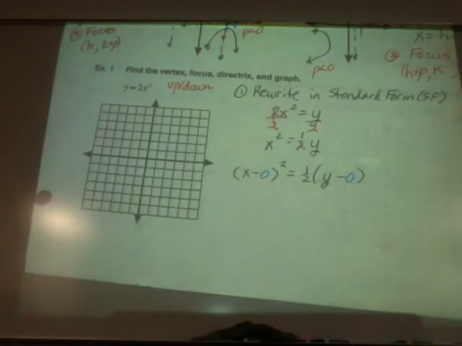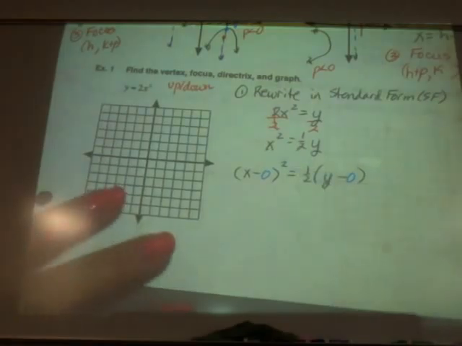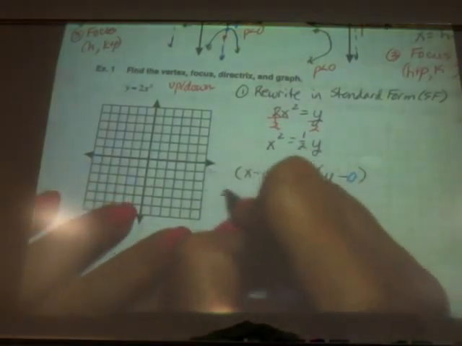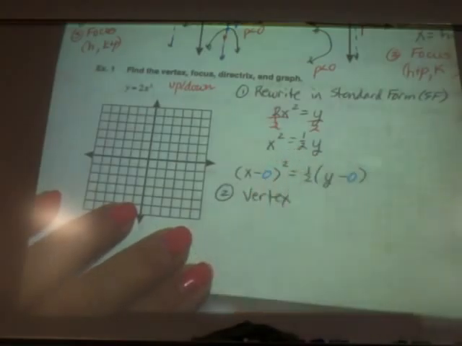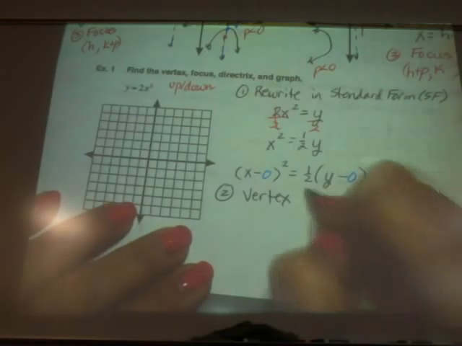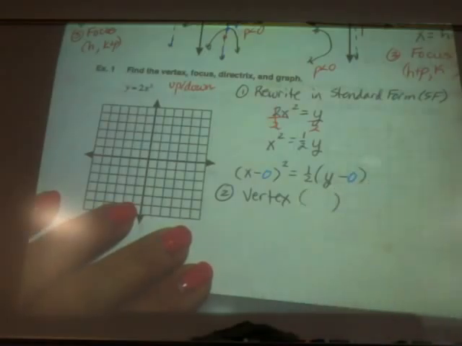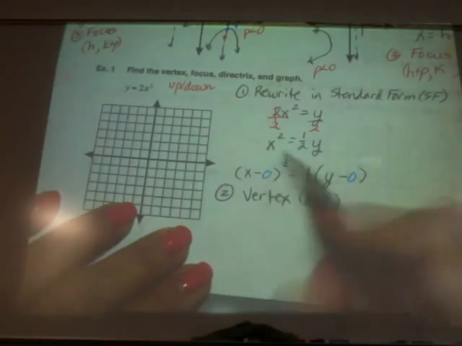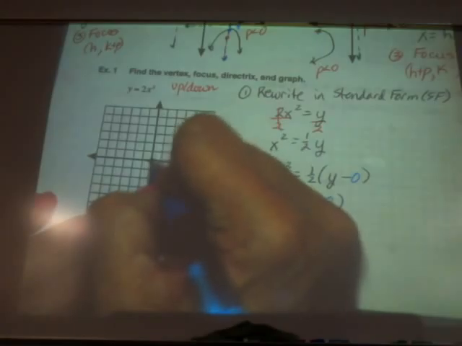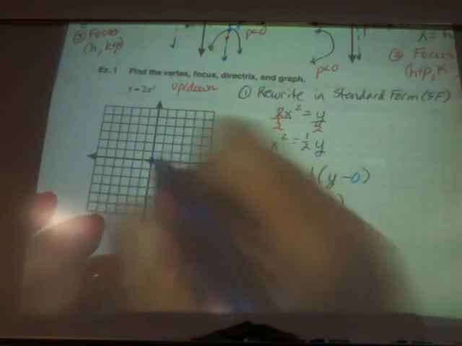So step 2, I guess, technically, we're going to find our vertex. So what is your vertex? Yeah, you can see it right here, isn't it 0, 0? So immediately, I'm going to plot that vertex right here and label it V.